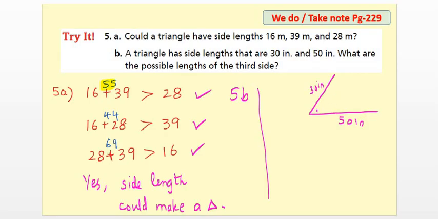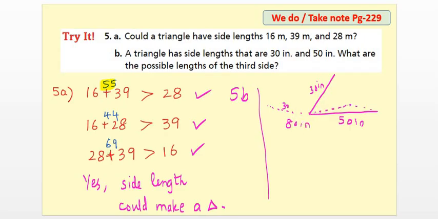If this 30 inches becomes very close to the 50 inches, then the third side will be about 20 inches. But if I move this 30 inches to this side, then the 30 inches and 50 inches together, the total length of the third side, will become about 80 inches, right? So there are two possibilities.